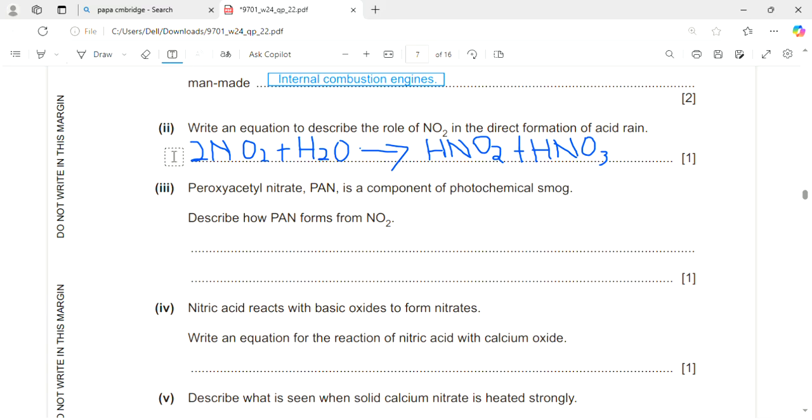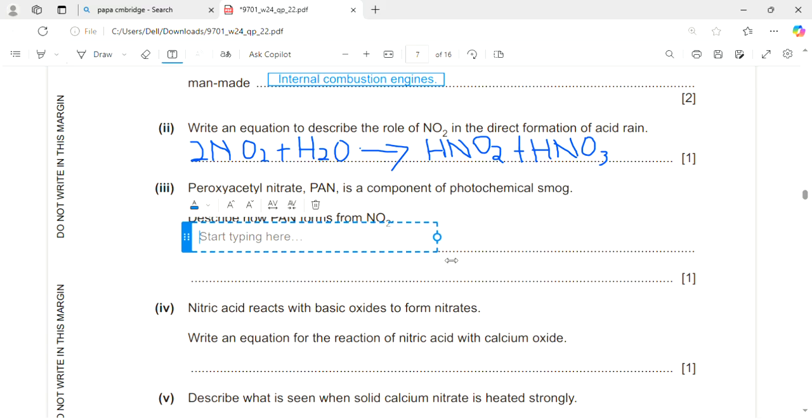Now, part three of the question is: peroxyacetyl nitrate (PAN) is a component of the photochemical smog. So describe how the PAN forms from the NO2.